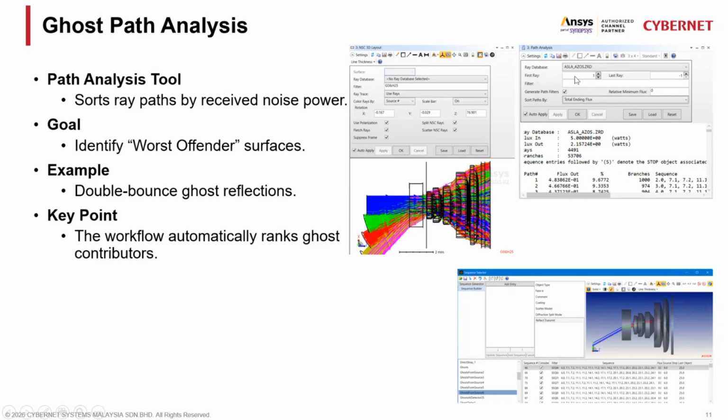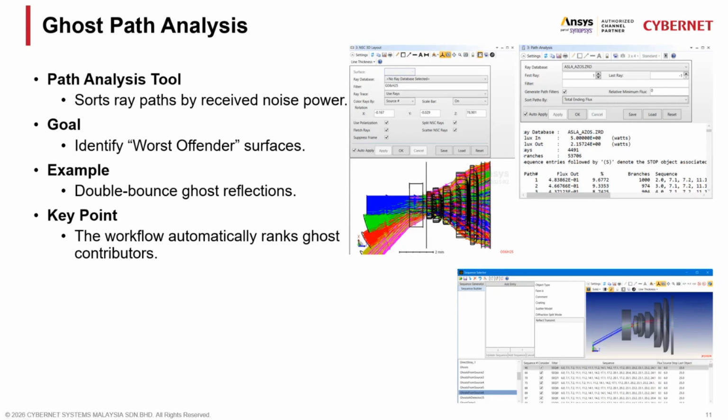Okay, so next are the tools for path analysis. This is the old version we use, and this feature is still available. These tools will generate the paths. For example, path 1 shows the flux out and the percentage, and the sequence of surfaces the ray passes through the lenses until the last surface. In the new feature, we also include this sequence selector.